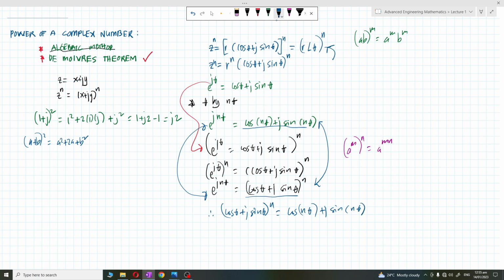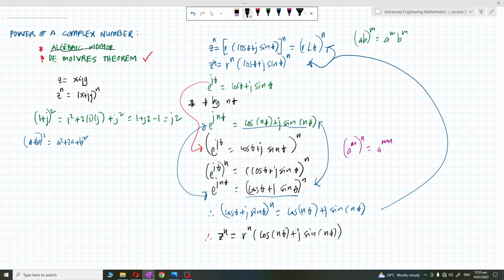Now going back to the expression for z raised to n, we can say that therefore z raised to n is equal to r raised to n, and then cosine of the quantity n theta plus j sine of the quantity n theta.